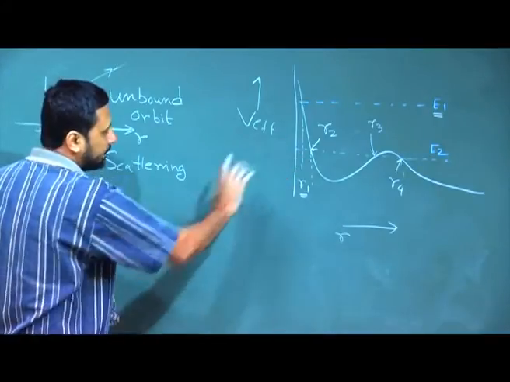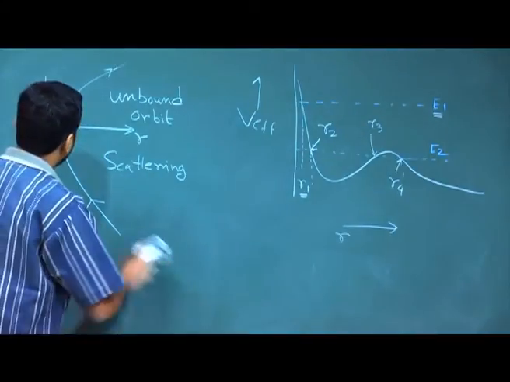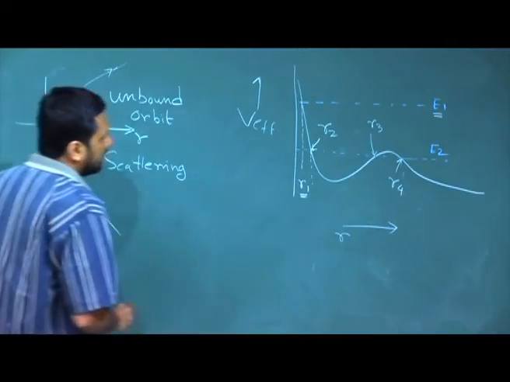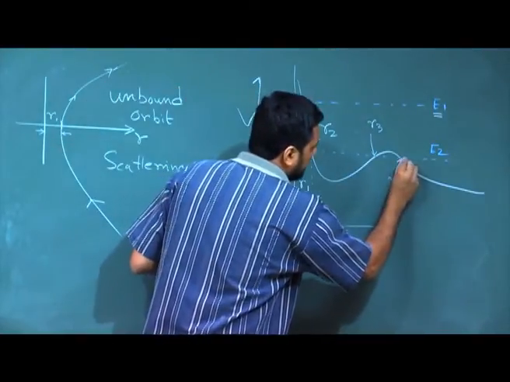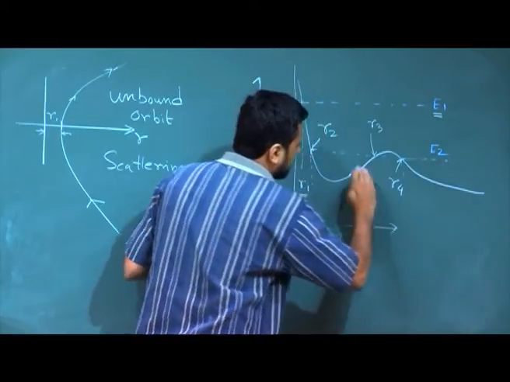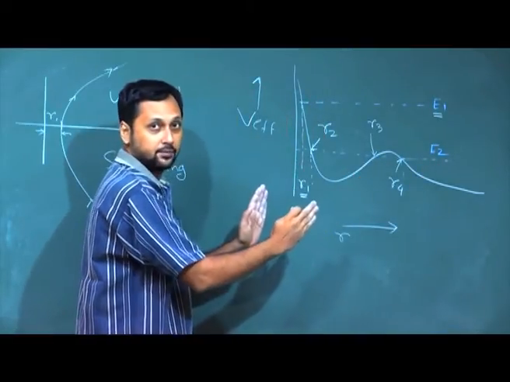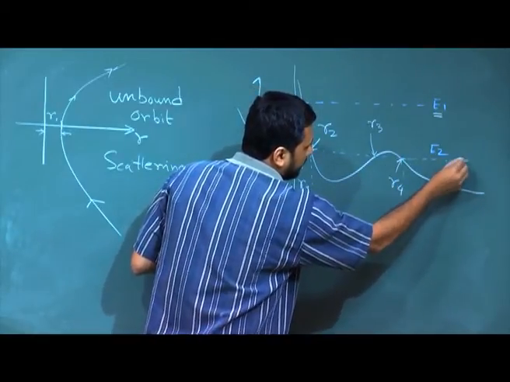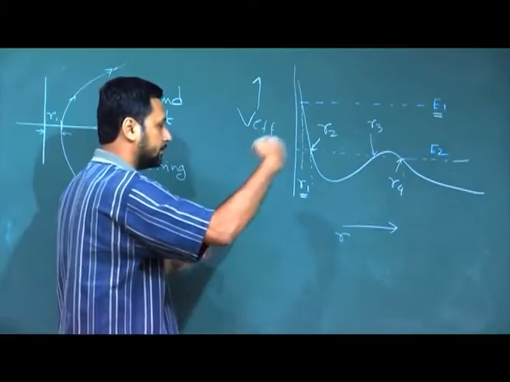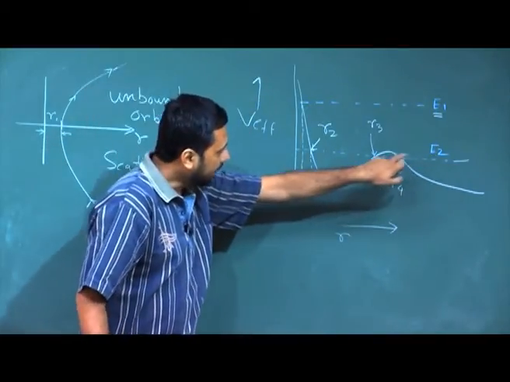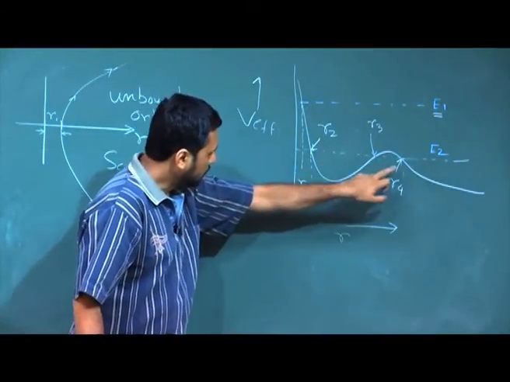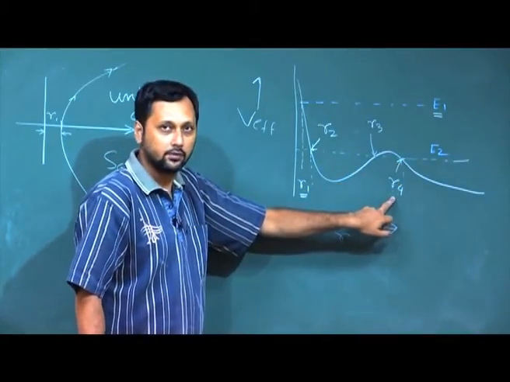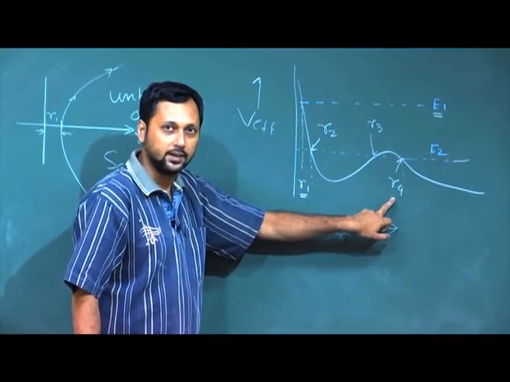What happens for energy equal to E2? Please understand that there are two very distinct regions. One region is if the particle starts coming from infinity with energy E2, then it can come only as close as R4 from the force center, not closer than that.